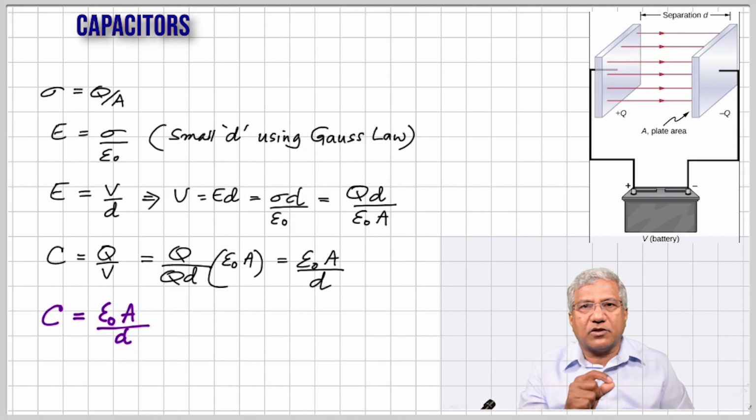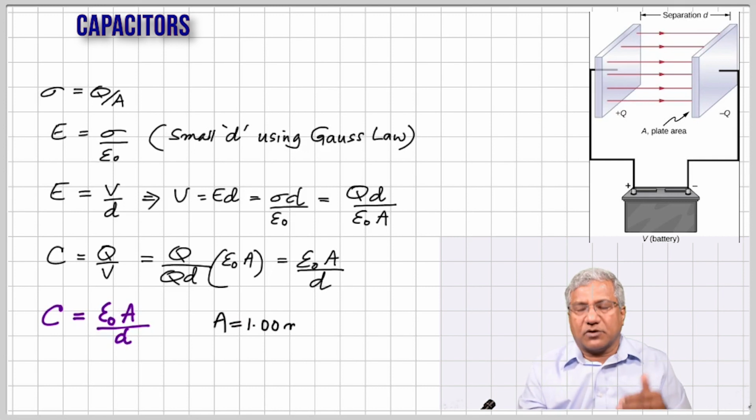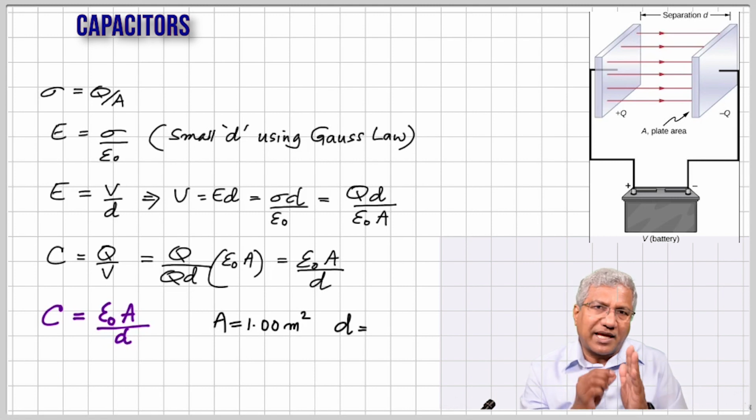Now remember, epsilon naught is the permittivity of free space or air. A is the area of the plates in meter squared. D is the distance between the plates in meter. But instead of air, if we have another material between the plates, then the formula changes to epsilon naught K A by D, where K is called the dielectric constant.